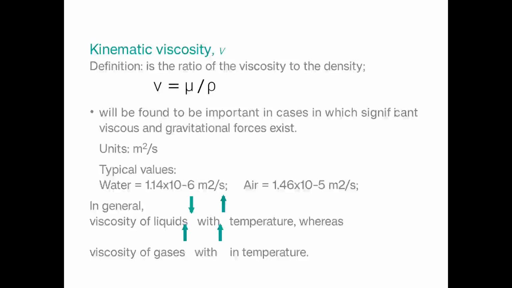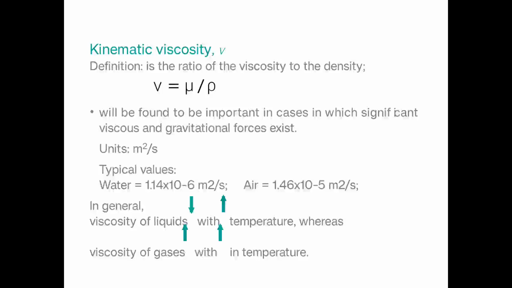Then the kinematic viscosity is the ratio of viscosity to the density. Got it? Generally, the viscosity of liquids decreases with increase in temperature, but for gases, it acts oppositely. So, likewise, the kinematic viscosity too. Got it?